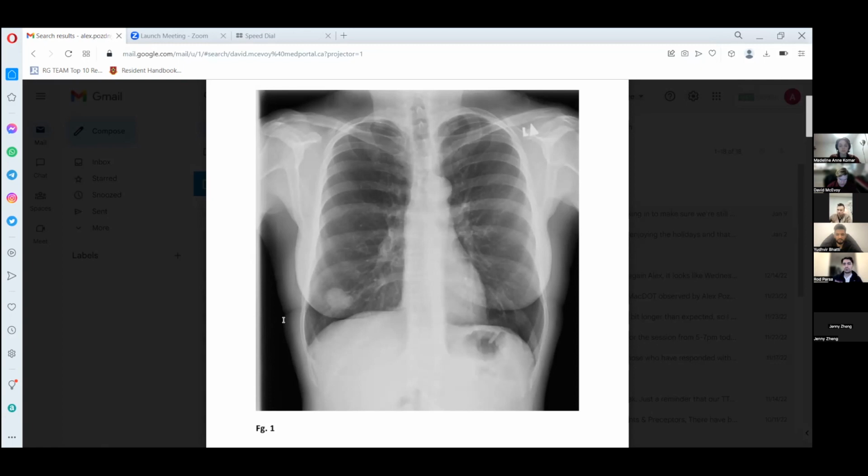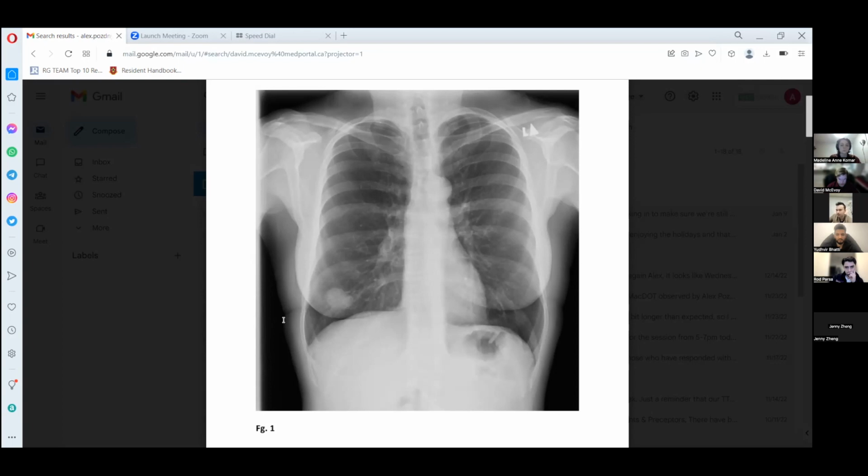You can also call it a hyperdense lesion, because anything that's bright on chest radiograph will be dense. So you can confidently say that this lesion is denser than whatever is surrounding it. You can also call it radiopaque, like an opacity, exactly.